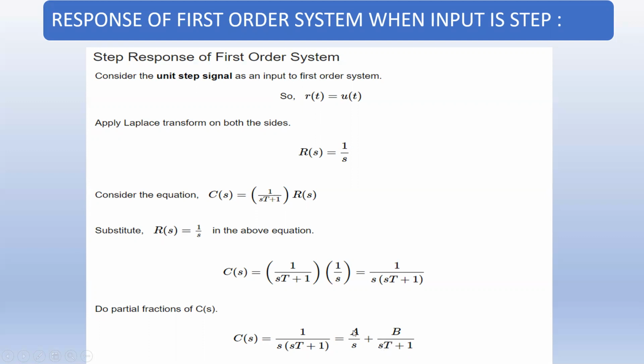If we take the LCM and equate this to 1 for different values of s, we can find the values of the constants a and b.